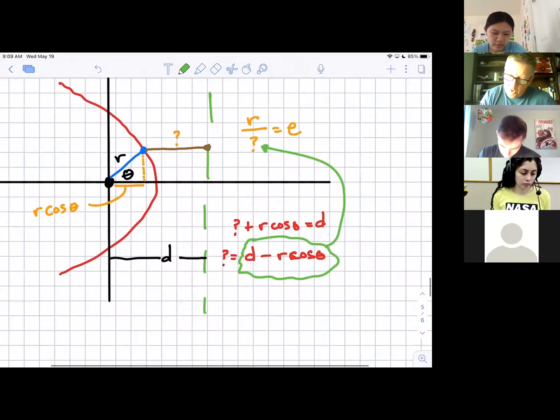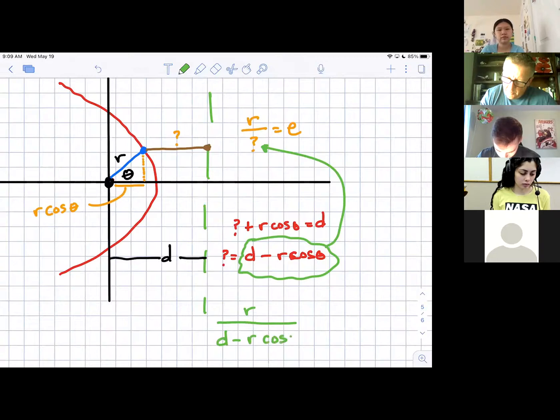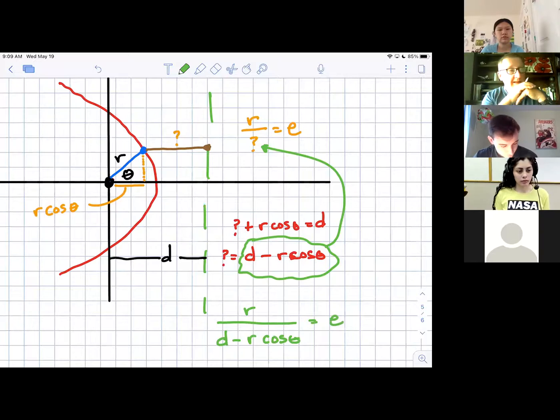I have R divided by the question mark length, which we now have an algebraic formula for, and that's equal to E. That's an equation that has R's and thetas in it. Notice it just has R, not R squared. That's kind of nice. And it's got D and E, but those are just constants. D tells me where the directrix is, and E tells me what the eccentricity is.